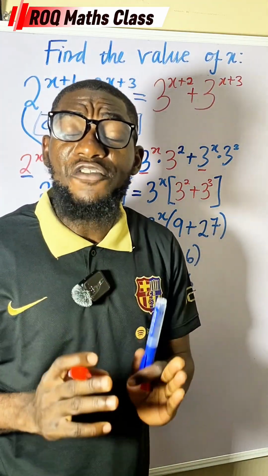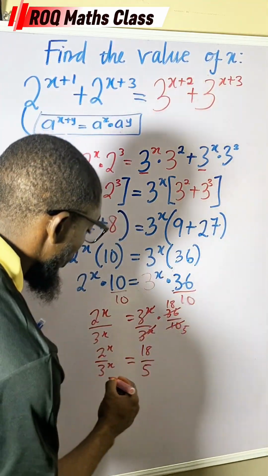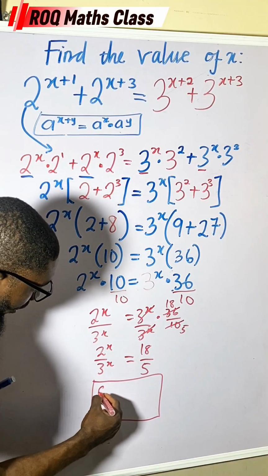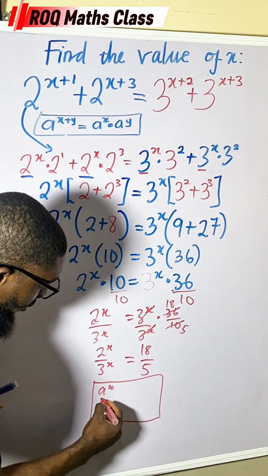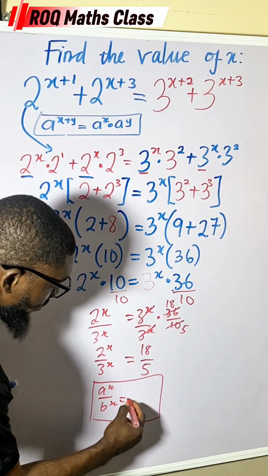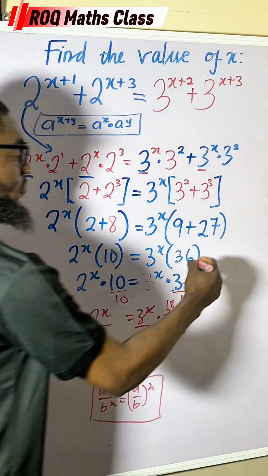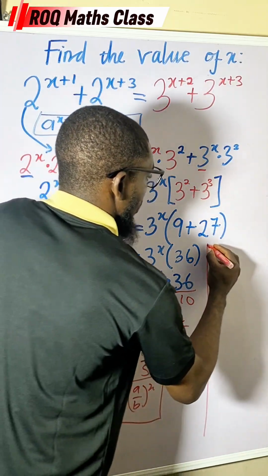Again, you should recall from the law of indices that whenever you have a to the power of x over b to the power of x, this is a over b all to the power of x. So let me complete it over here.